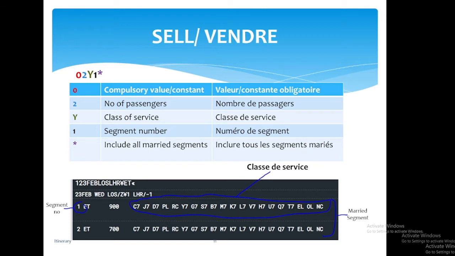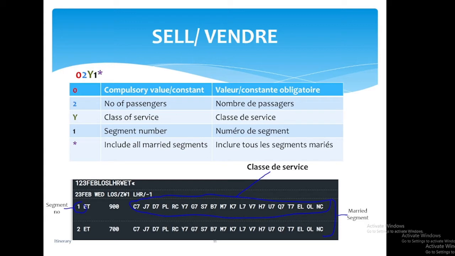If you look at this, Tango class is having 7 seats. So I could decide to do, assuming I'm selling for 1 passenger, 0 1, that's the number of passengers, Tango 1 asterisk. That is sell 1 passenger, Tango class, start from segment 1 and sell for segment 1 and 2 because it is a marriage segment.